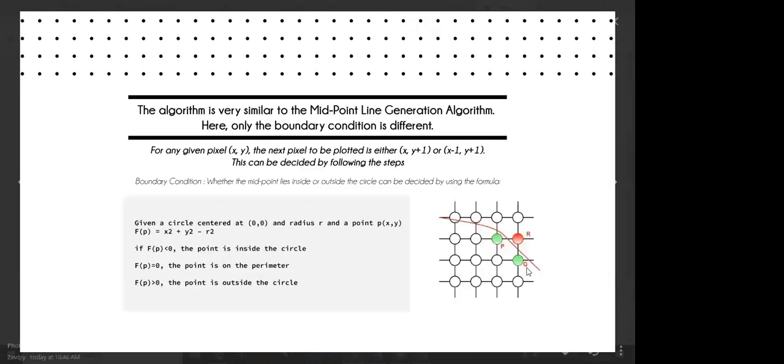Okay, moving on to the next program. We are deciding something, but not directly, with the P value of the P calculated at the midpoint. If we take x minus 0.5 and y plus 1, it's going to be something like this.